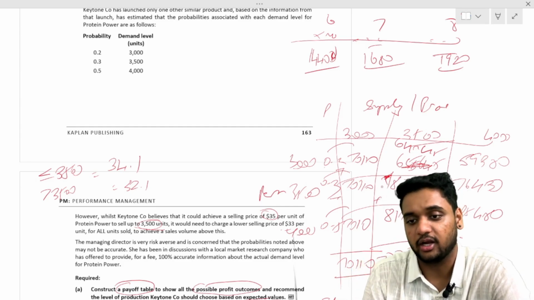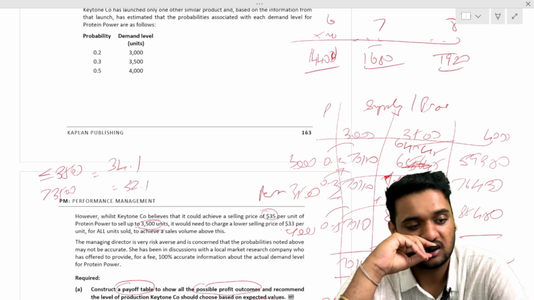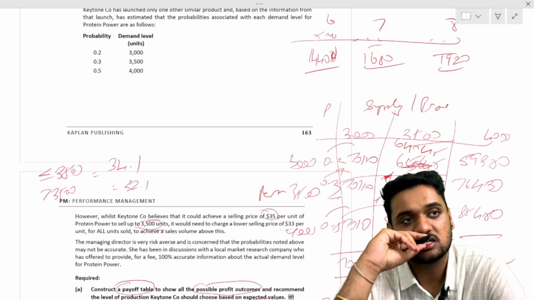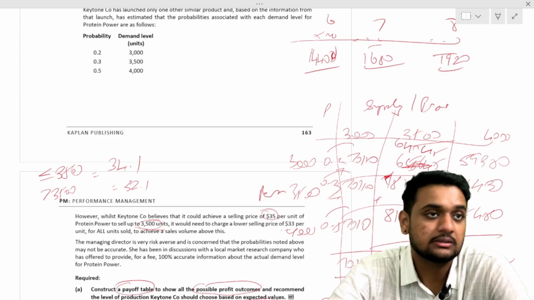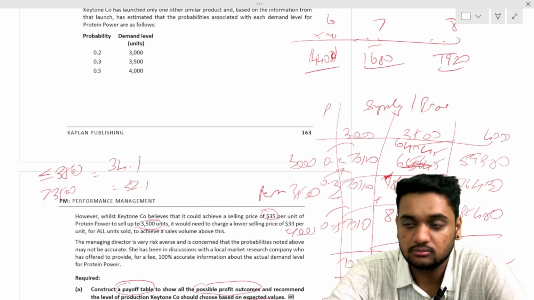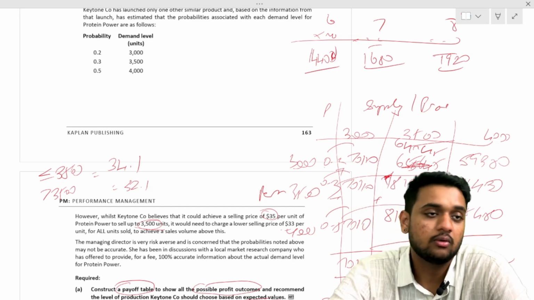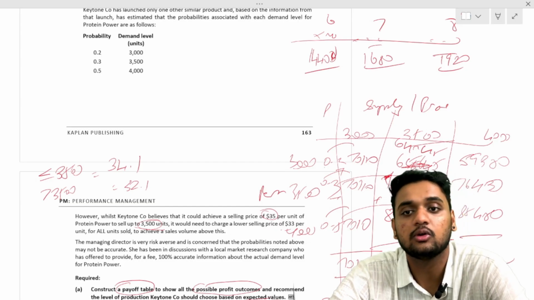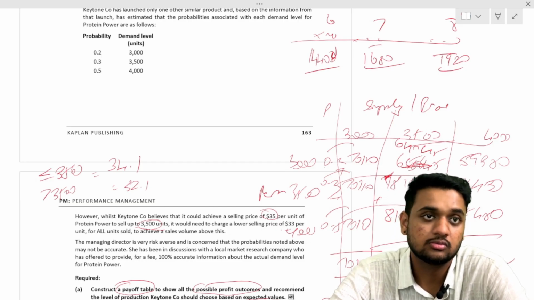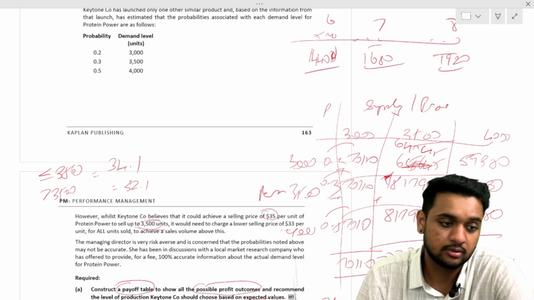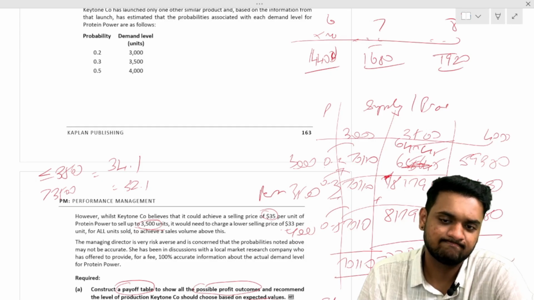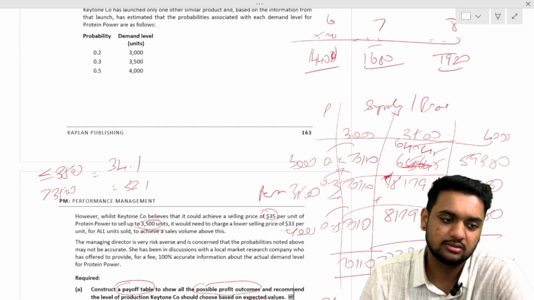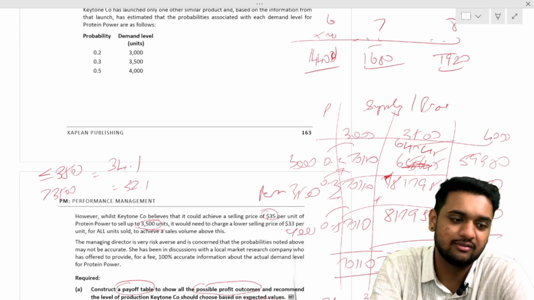What is the expected value you are getting? 77,545.